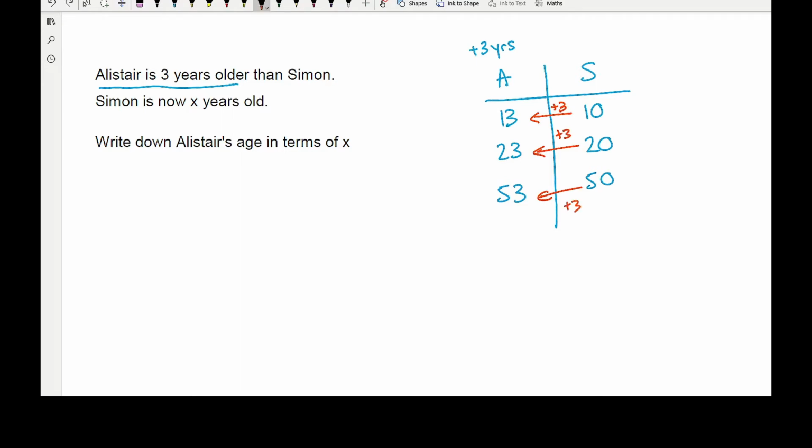And if I was going from Alistair's age to Simon's age, then I would be doing the opposite, taking away 3. Now in the question it says that Simon is now X years old. So under Simon's column, I'm going to write X. To work out Alistair's age, I've got A to S. Oh, I don't know why I wrote 3 there, let's get rid of that.